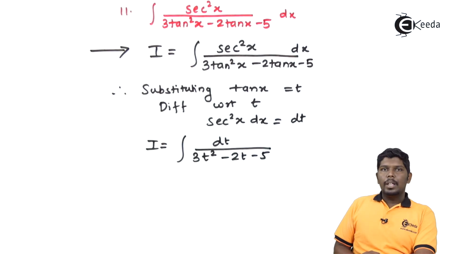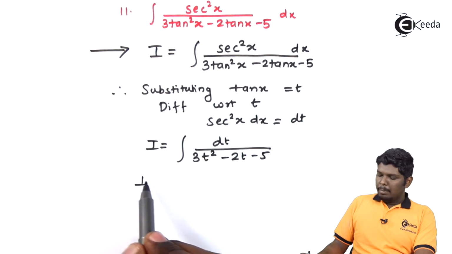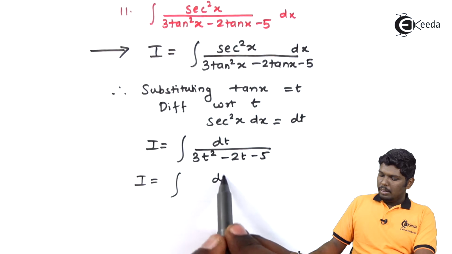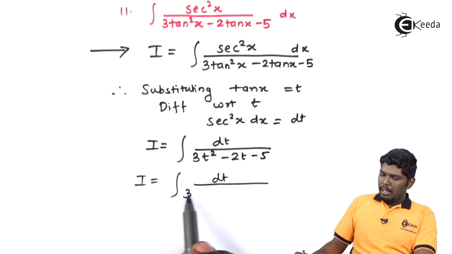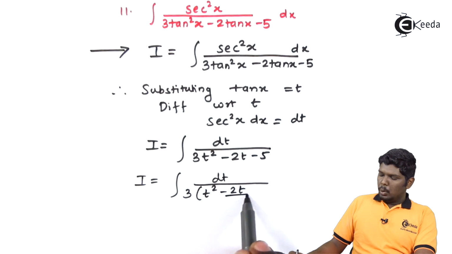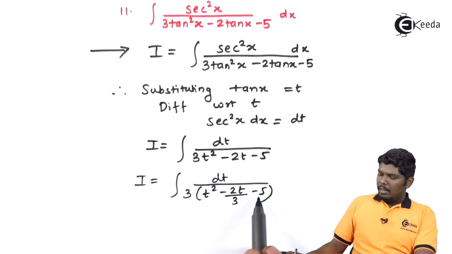The next step is to make the coefficient of t square 1, which is here 3. This can be done by taking 3 common from the denominator. That will give you 3 into t square minus 2t by 3 minus 5 by 3.